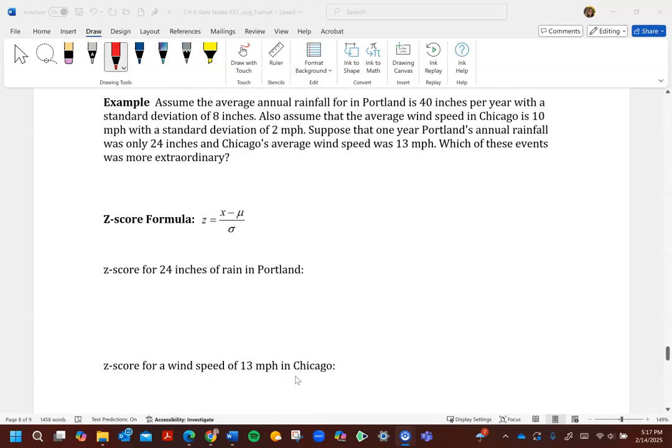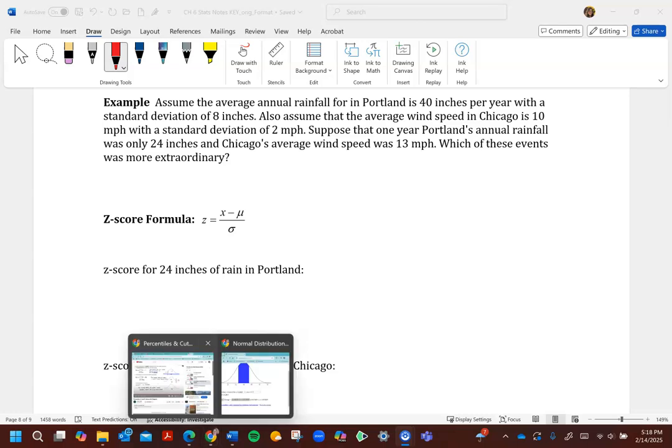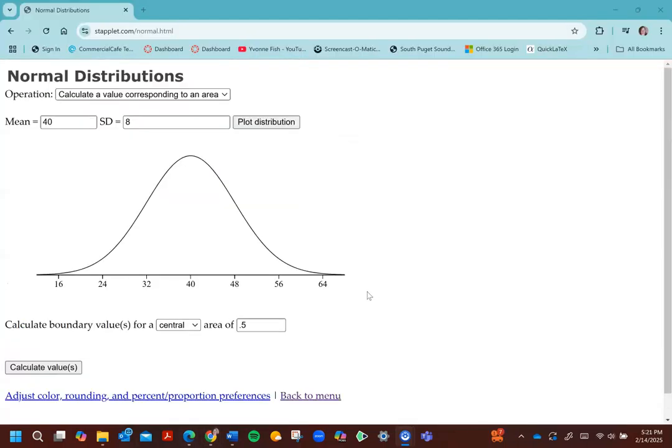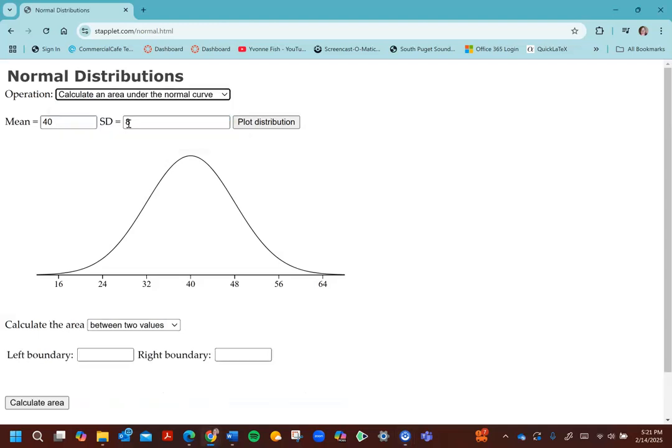So first thing we want to do is figure out the z-score for 24 inches of rain in Portland. We already have our Statlet set up, but just a reminder, it'll have the old data and process we were using for the previous problem in there already, so we need to change that. So we want to go up here. Operation would be calculate area under a normal curve.